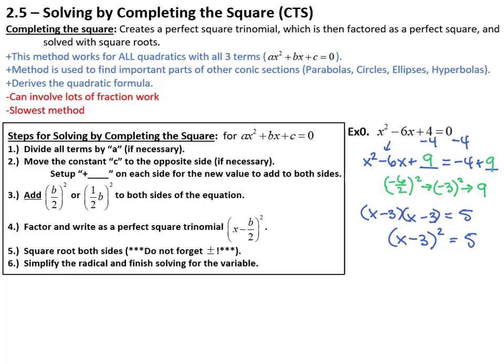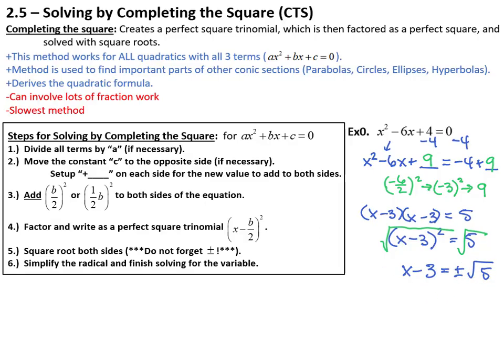We saw this last time with some of our square roots, and we can finish solving this now with square roots. We're going to square root both sides, and don't forget to put our plus or minus. So we're going to have x minus 3 equals plus or minus the square root of 5.